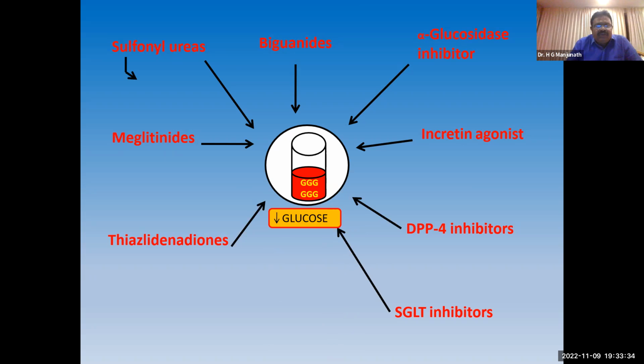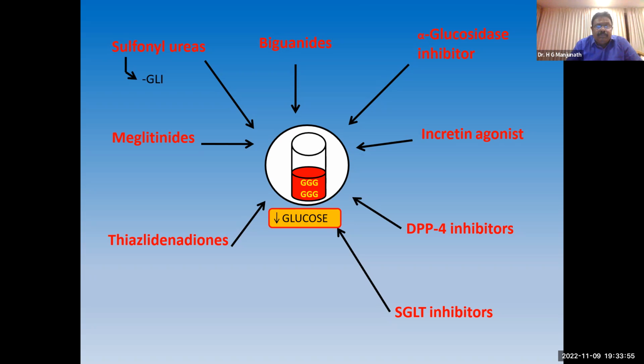The easy mnemonic way is that sulfonylureas have the prefix GLI. This prefix will be there in all sulfonylureas. Some other drugs can use GLI as an infix or suffix, but always GLI will be the prefix for sulfonylureas.